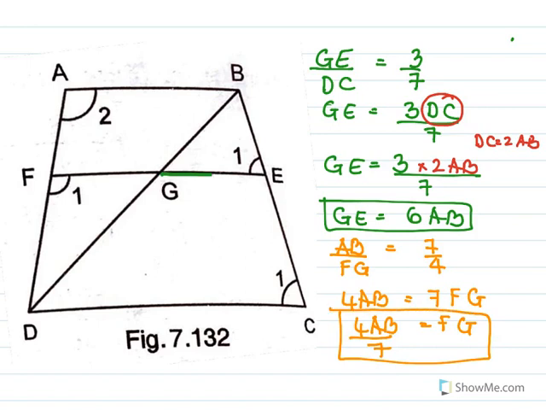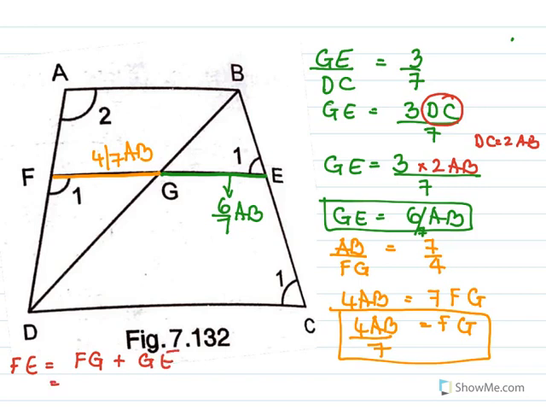So our GE, this is GE, and GE is 6 by 7 AB, and here we have FG. FG is 4 by 7 AB. So we're going to add up both these to get our FE. So FE equal to FG plus GE, which is FG we see is 4 by 7 AB and GE is 6 by 7 AB.